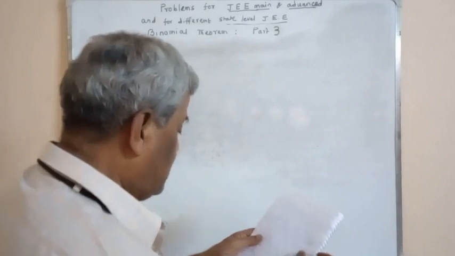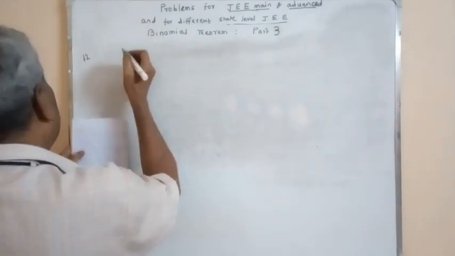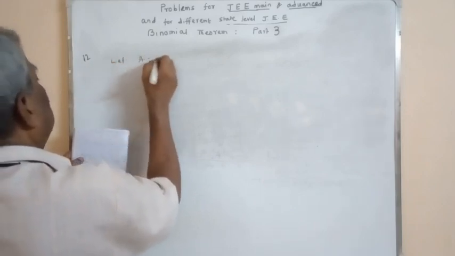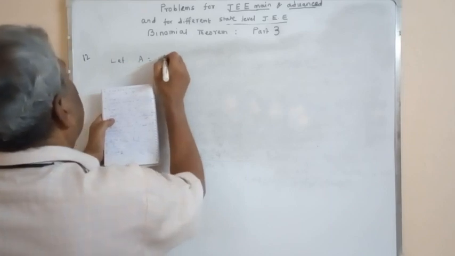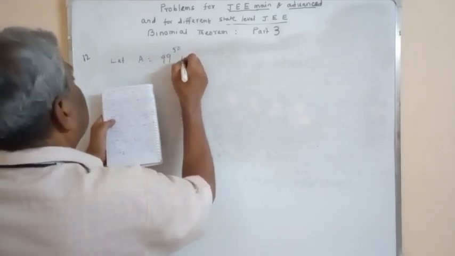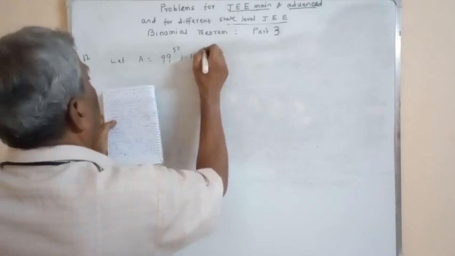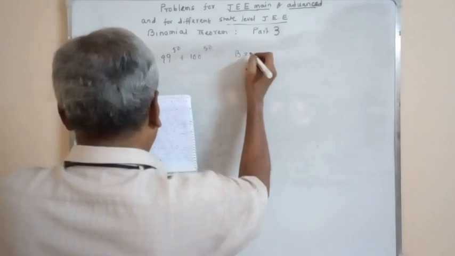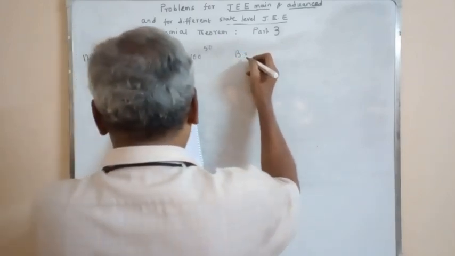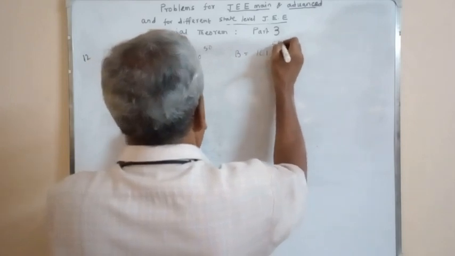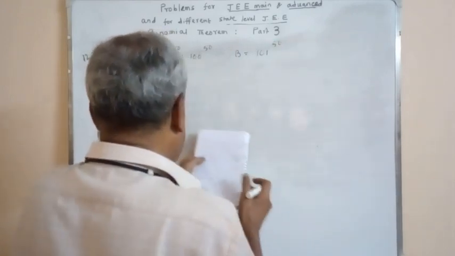Problem number 12 is: let A is equal to 99 to the power 50 plus 100 to the power 50, and B is equal to 101 to the power 50. Then which one is true?